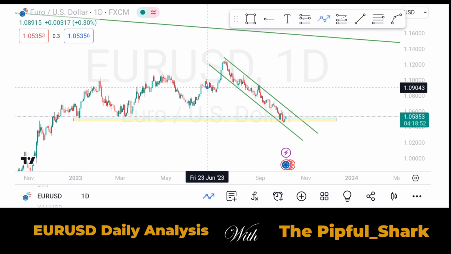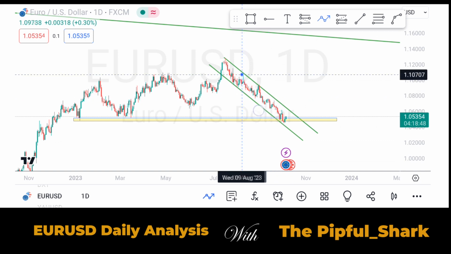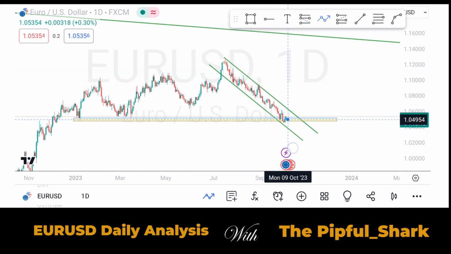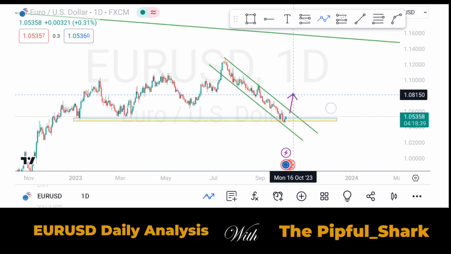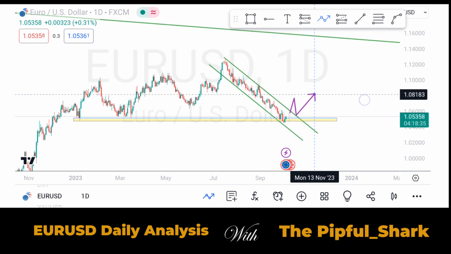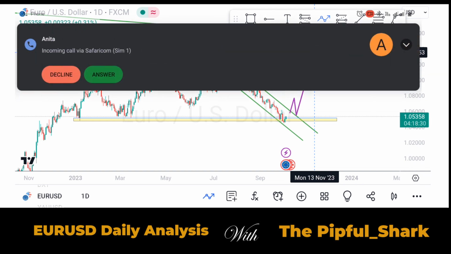And something that I need to mention: when it breaks this downward bearish channel, it's going to break, retest, and push all the way up.